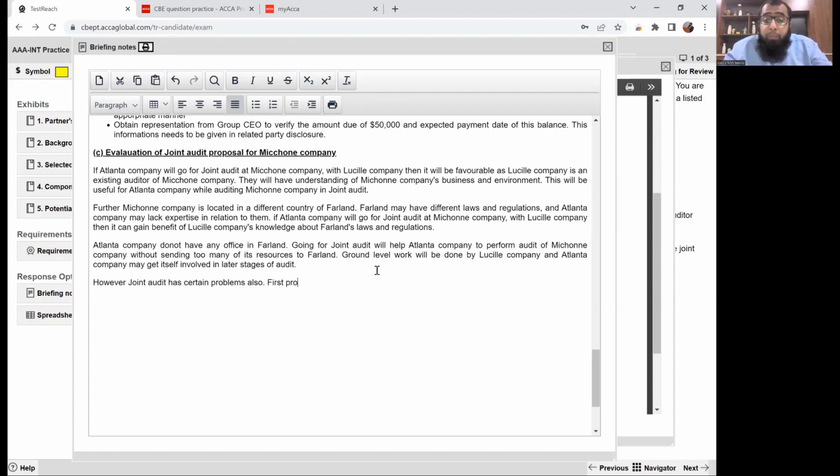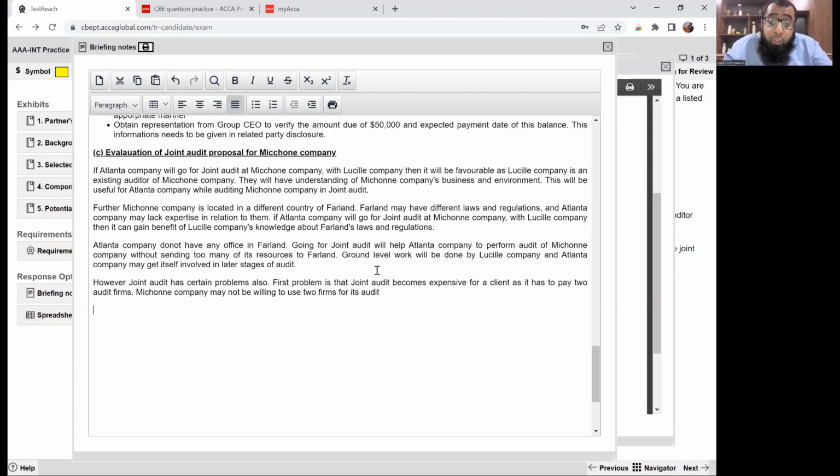First problem is that joint audit becomes expensive for a client as it has to pay 2 audit firms. Mikon company may not be willing to use 2 firms for its audit.